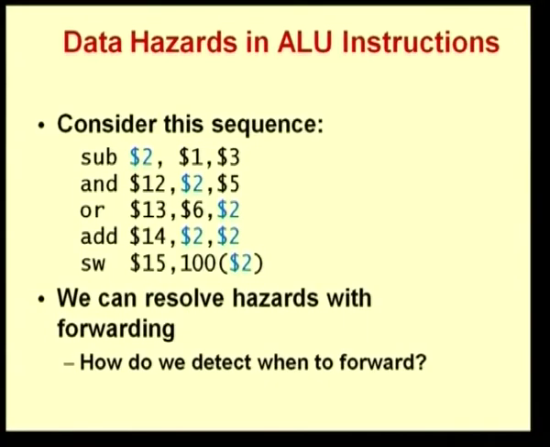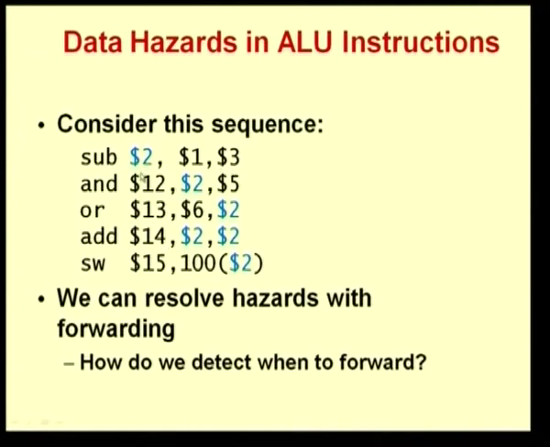If we look at handling hazards, let us take this simple sequence of instructions that we have here. We are talking about say 5 instructions here. This is a sub instruction and then an AND instruction, an OR instruction, an add instruction, and then a store. So, this sub instruction is subtracting registers 1 and 3 and storing the result in register 2.